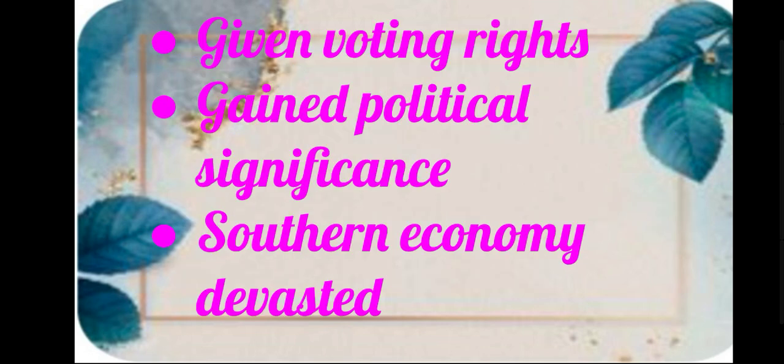African American people got the voting rights, and their community gained political significance as they allied with the Northerners to establish Republican government in the southern states. The southern economy was totally devastated. You can say destroyed, as it had been mainly dependent on the manual labor of slaves.